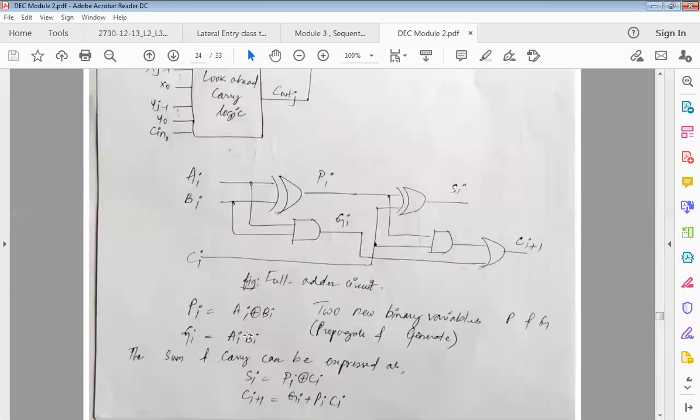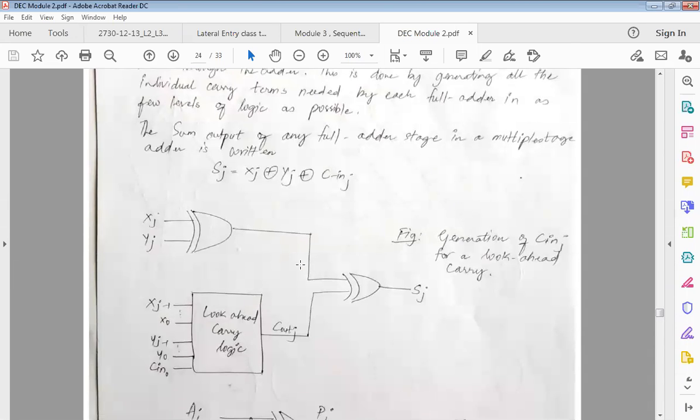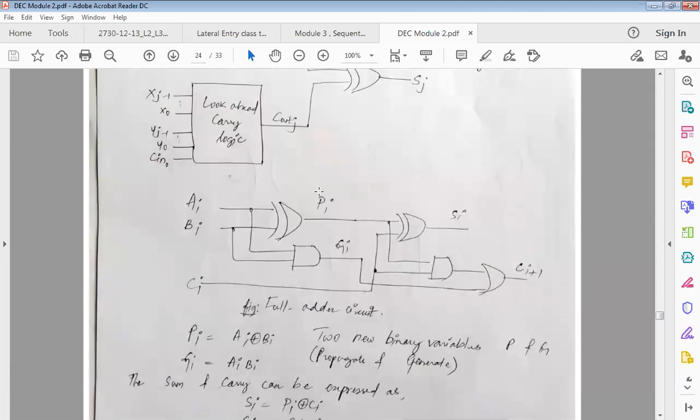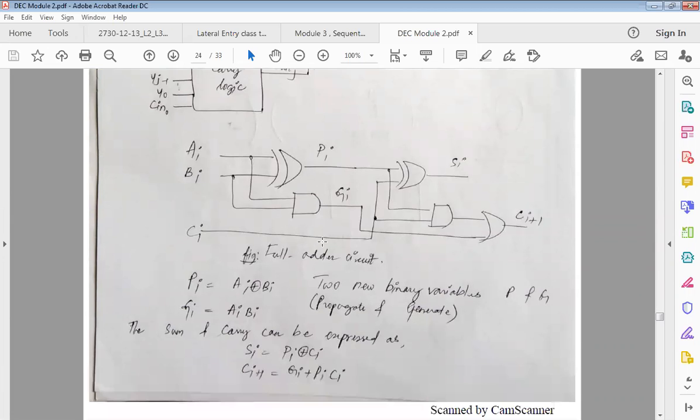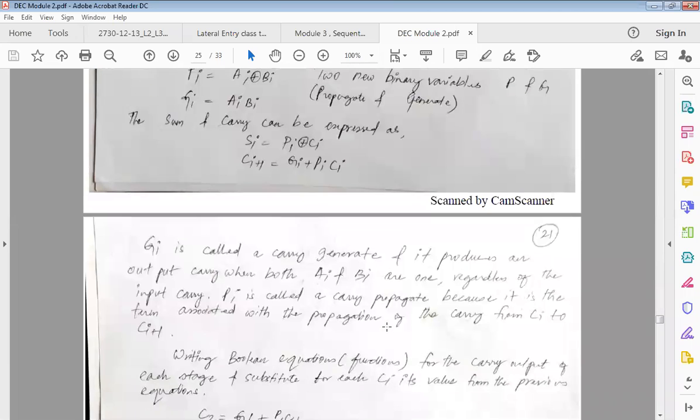We are now trying to bring things in the form of propagate and generate. Pi referring to propagate and Gi referring to generate. All the equations we are trying to bring in the form of propagate and generate. So Si in terms of propagate, carry in terms of generate and propagate, right?